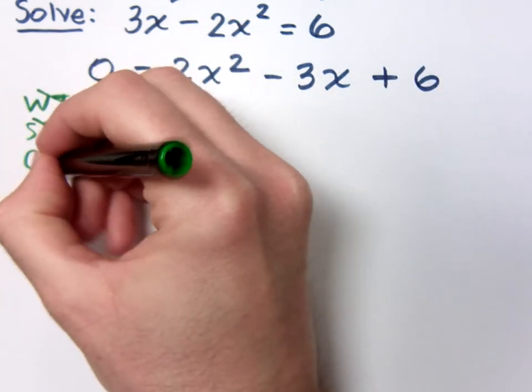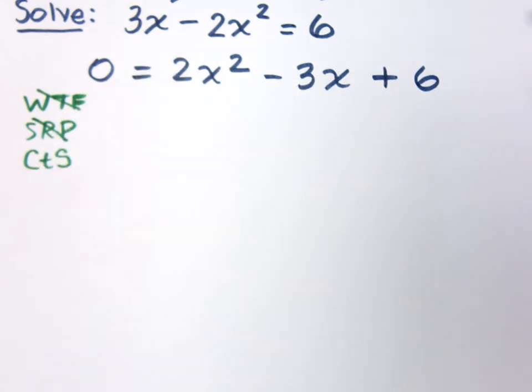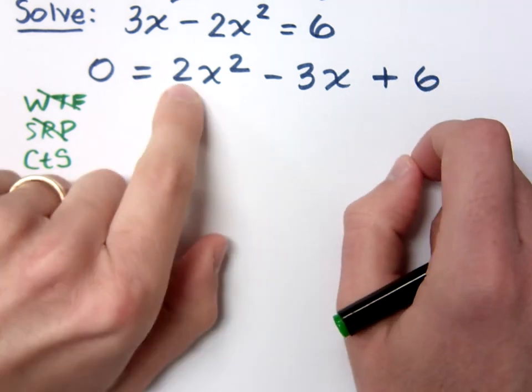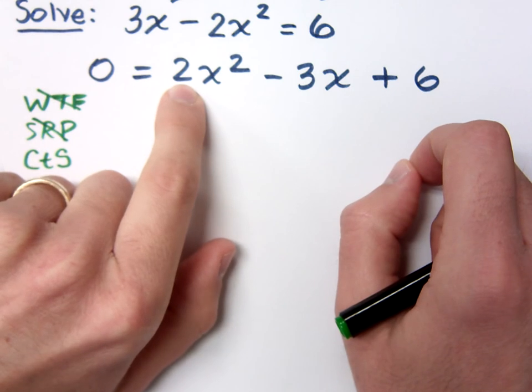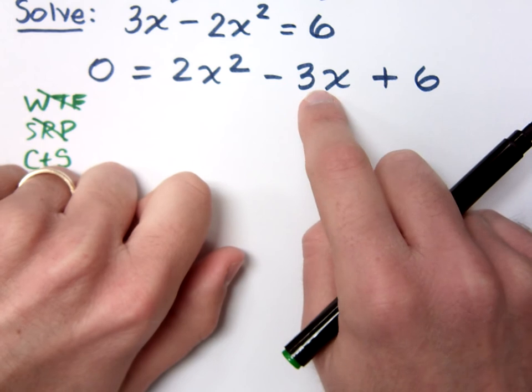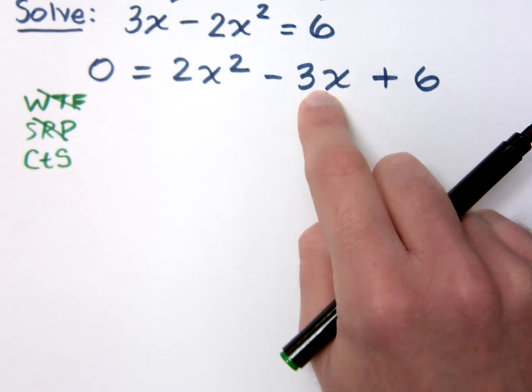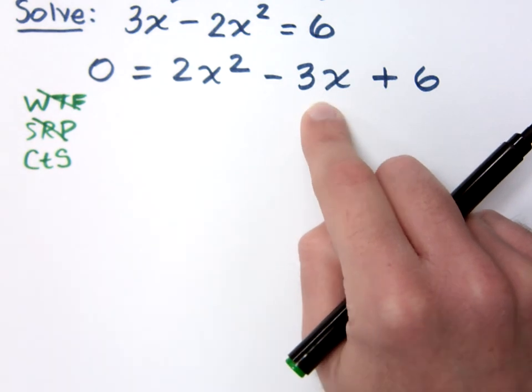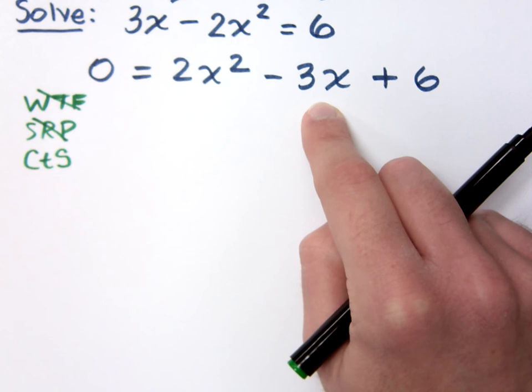What about completing the square? No. One of the first things I would have to do to complete the square is divide by 2. I'd have to divide everything by 2, which causes this guy to have a fraction, and then you have to divide by 2 and square it, which is just going to make your fraction situation worse, right?